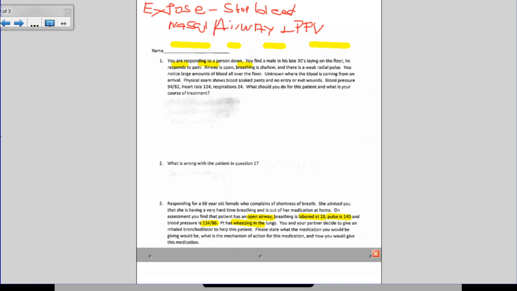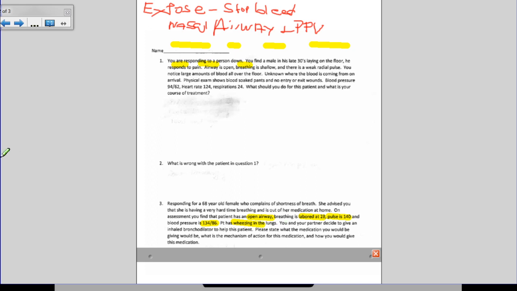Severity doesn't mention other than hard time. It doesn't say anything about when this started. Okay, so we've gotten as much information as we can get from this. So let's see what the question wants answered.